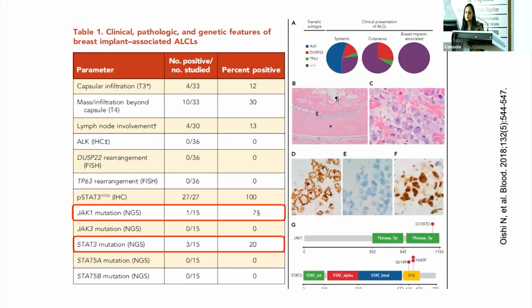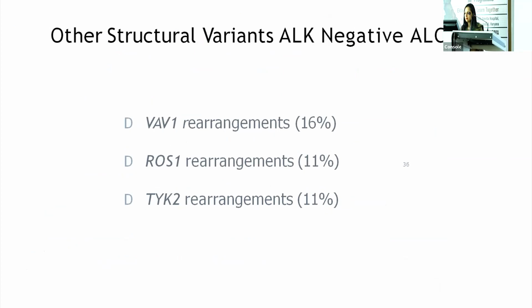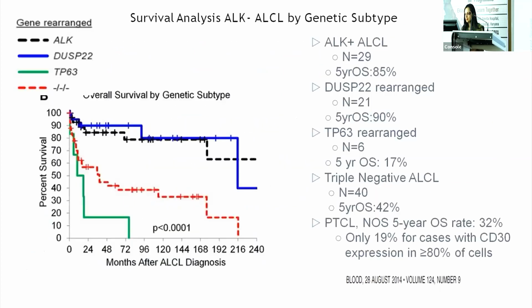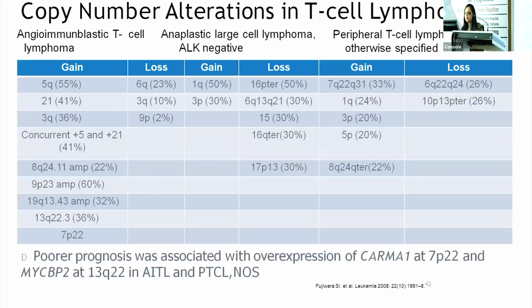I am skipping the more details. In the primary cutaneous type also, you can see DUSP22 rearrangement in around 28% of the patients. And then there are copy number alterations.